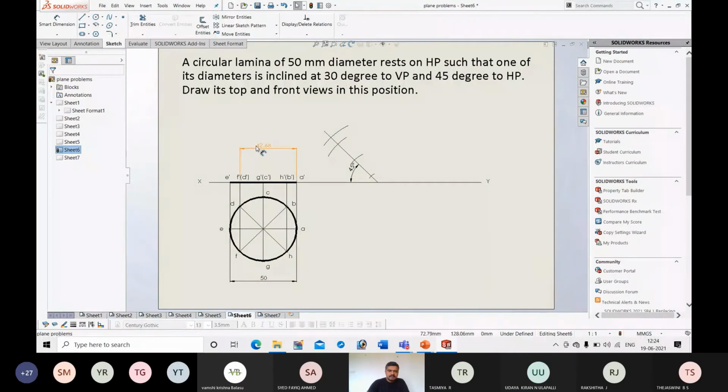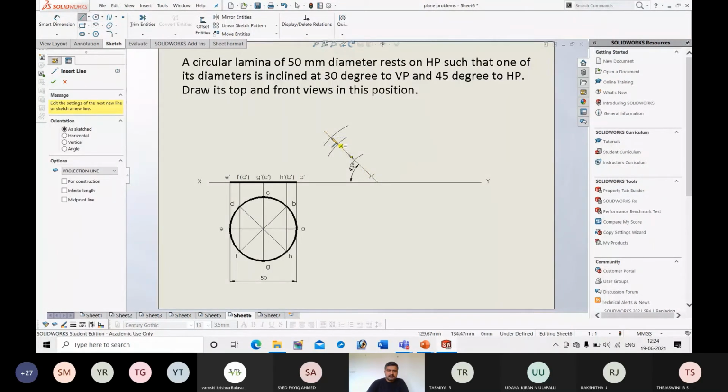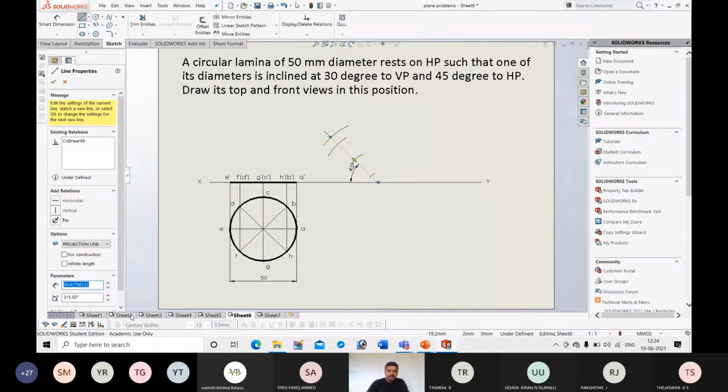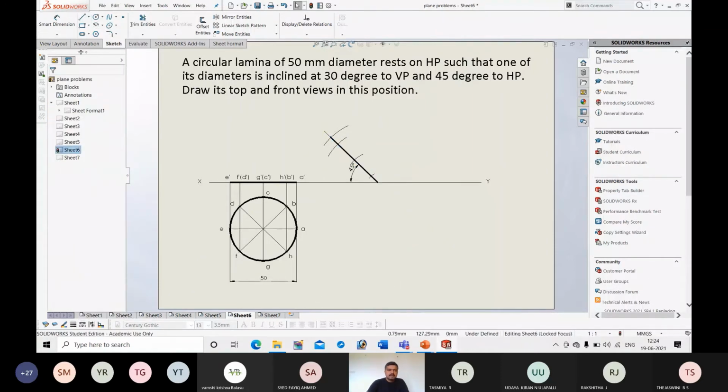Okay, next I will draw one more line and I will make it thick. Remaining you can erase, or if they are very thin, you can leave them as they are.